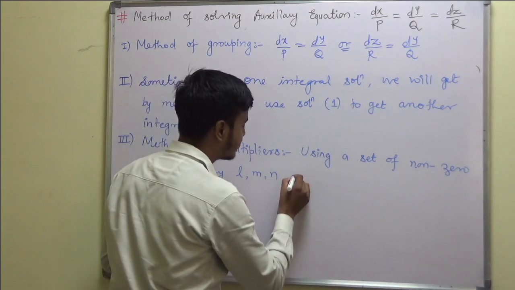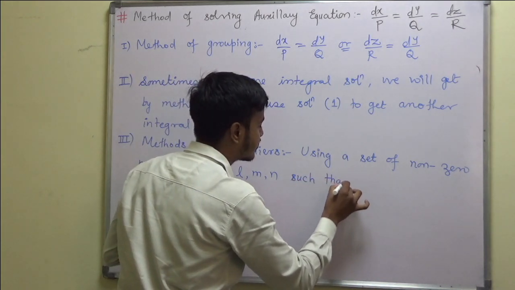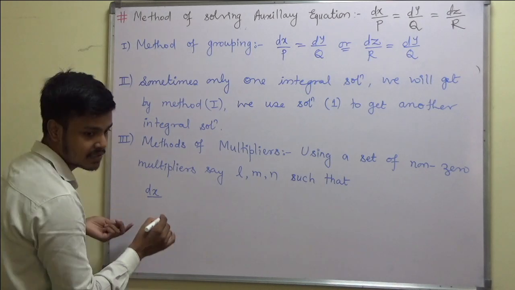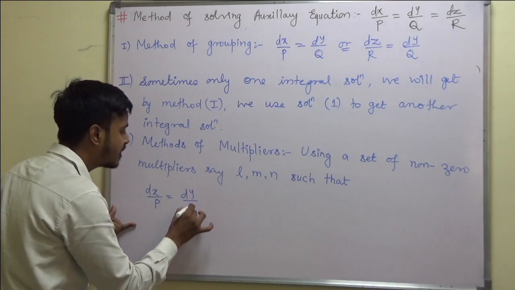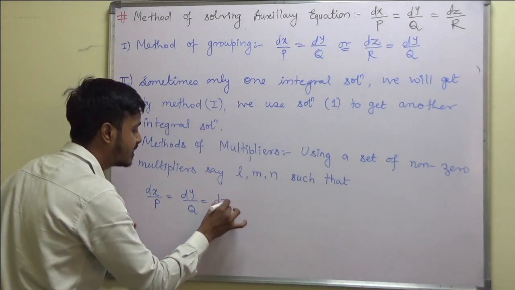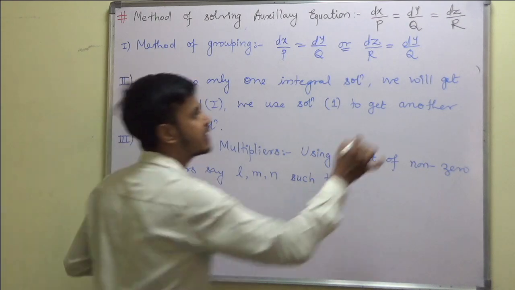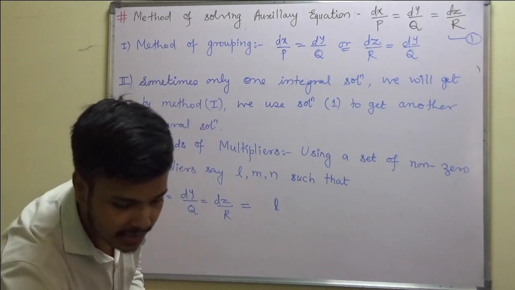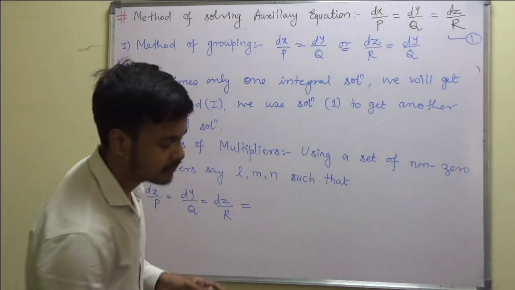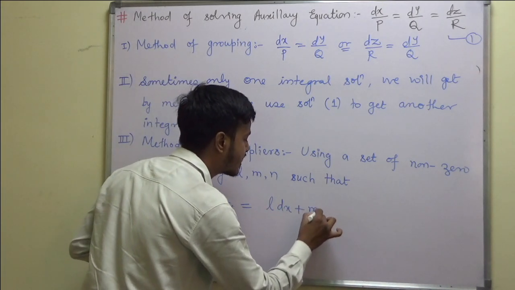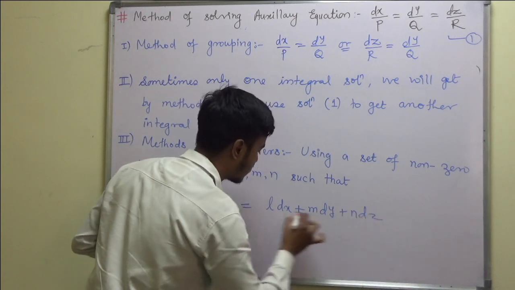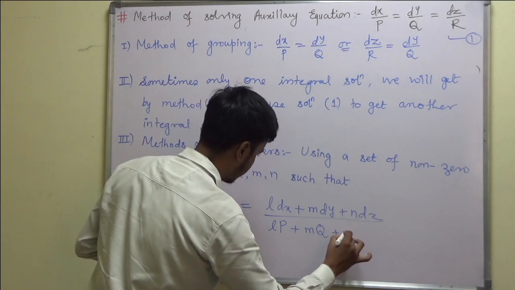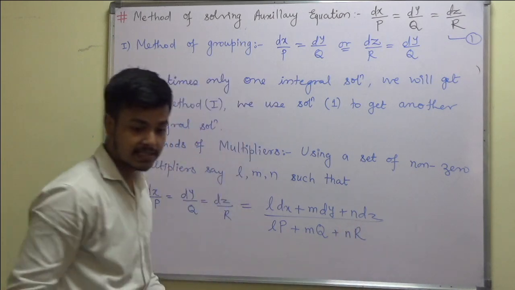Such that dx by P is equal to dy by Q is equal to dz by R, that is, each ratio of equation 1 can be written as L dx plus M dy plus N dz upon LP plus MQ plus NR. Something like that.